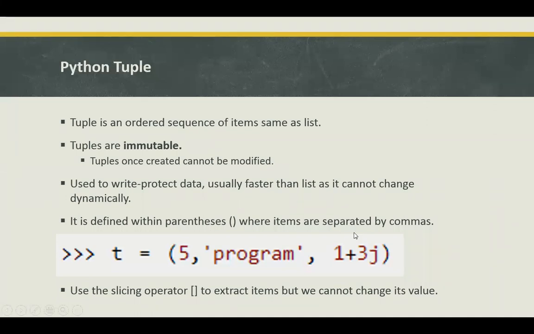But what is the actual difference between the list and the tuple? The difference is your tuples are immutable. Immutable means they cannot be modified. You cannot modify whatever items are in the tuple. It is used to write protect data, usually faster than a list, as it cannot change dynamically.